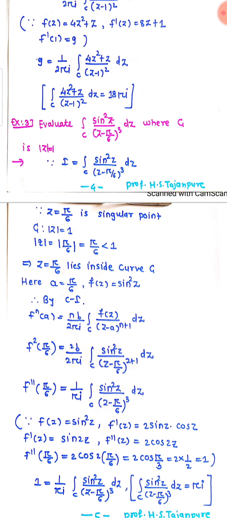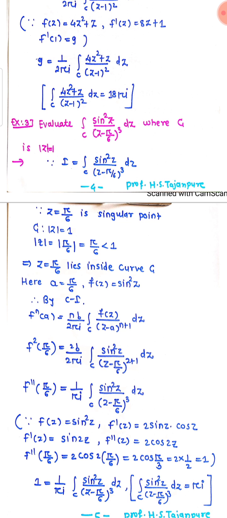For that you can see here f of z is sine square z. F dash of z, just take its derivative. Its derivative f dash of z is 2 sine z into cos z, so f dash of z is sine 2z, and f double dash of z is 2 cos 2z.